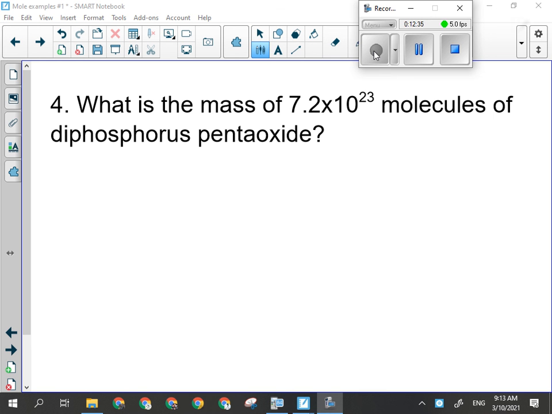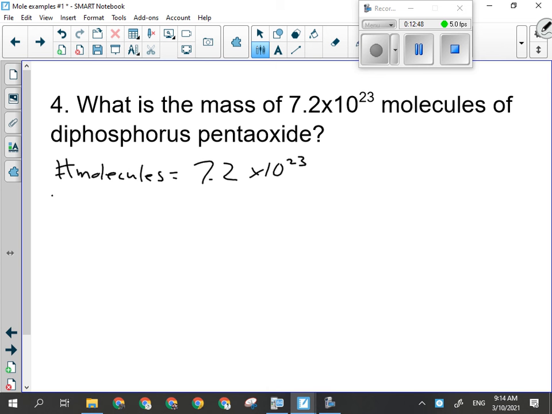On this one, one of my givens is the number of molecules, 7.2 times 10 to the 23 molecules. They tell me that it is diphosphorus pentaoxide, P2O5.